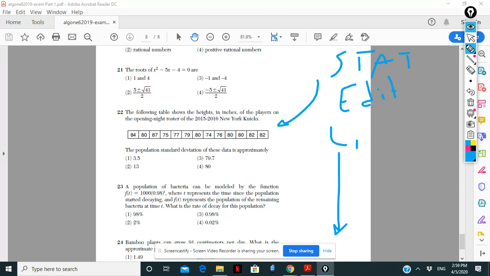After I finish, I do stat again, calc, one-variable statistics, and I'm picking the Sx. If you're doing that using your calculator, it's coming up as 3.5.